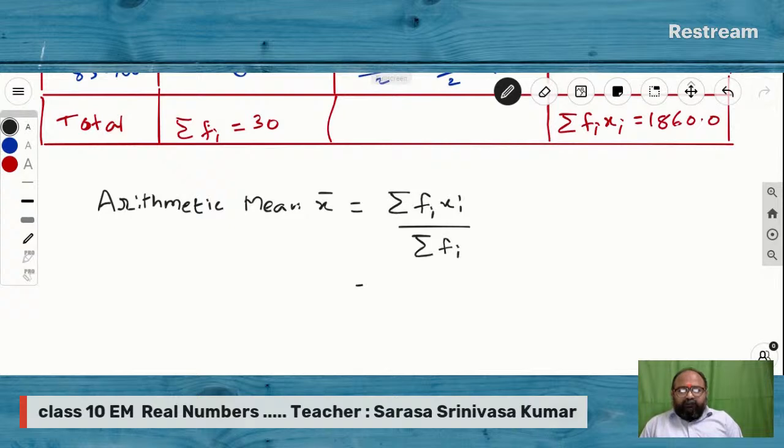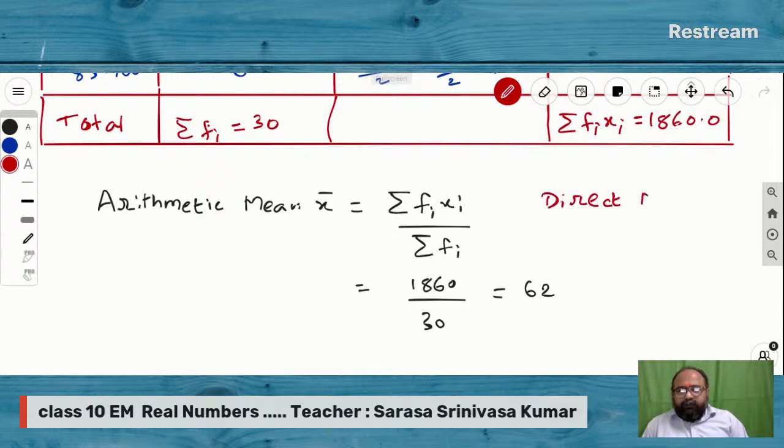So the last column is 1860. We got 1860 by the second column, sigma fi is 30. So this is equal to, we get 62. So we got arithmetic mean equal to 62.